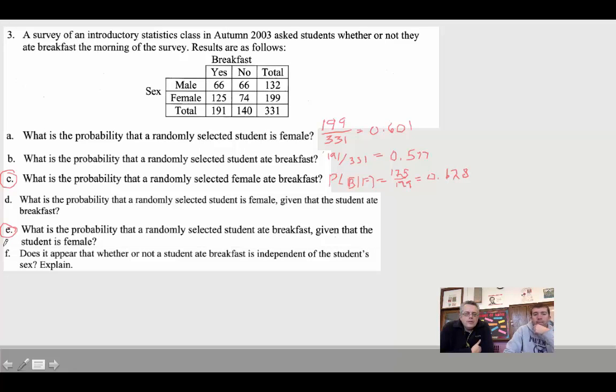All right, D. What's the probability that a randomly selected student is female given that they ate breakfast? This is the other way around. So that'd be 125 out of 191, which is slightly different. It's 0.654.